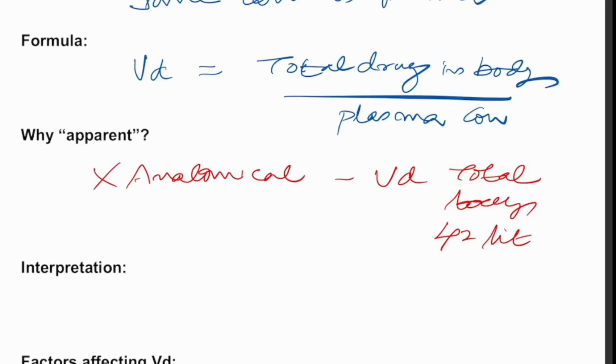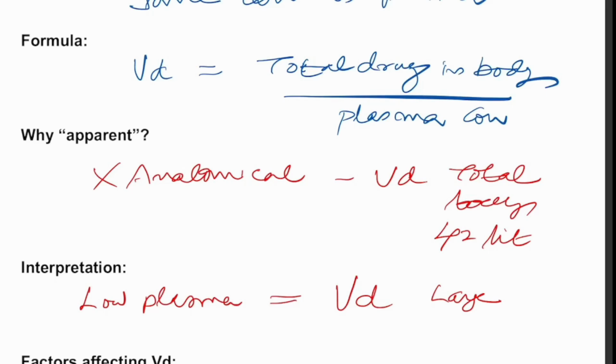So let us look into this. Suppose a drug has got a low plasma concentration. What is the meaning? That means the drug has got a large volume of distribution. So if a drug has got a large volume of distribution, the plasma concentration will be small.